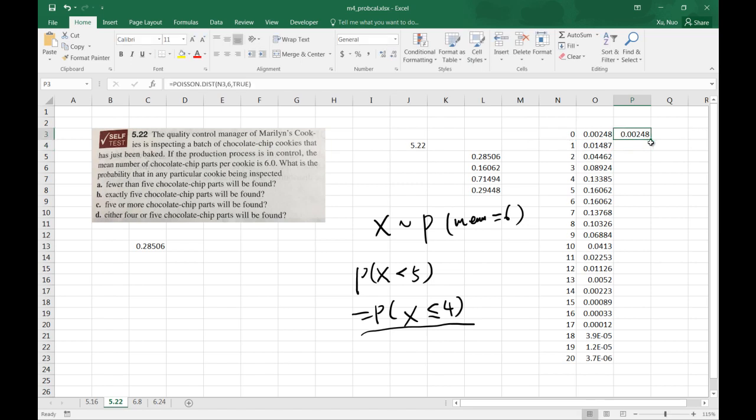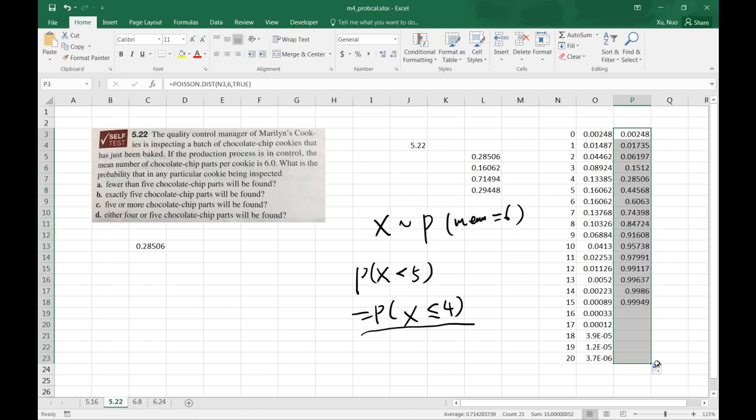Now I'm going to do the same thing and drag this all the way down, but again, take a guess how this column should behave differently. Yeah, it should increase, approaching 1 as the number increases. Exactly as we expected.